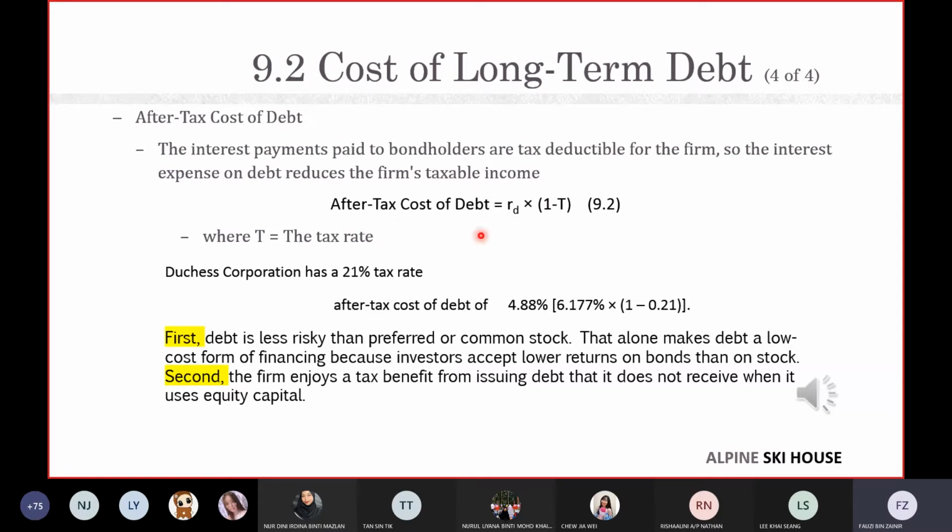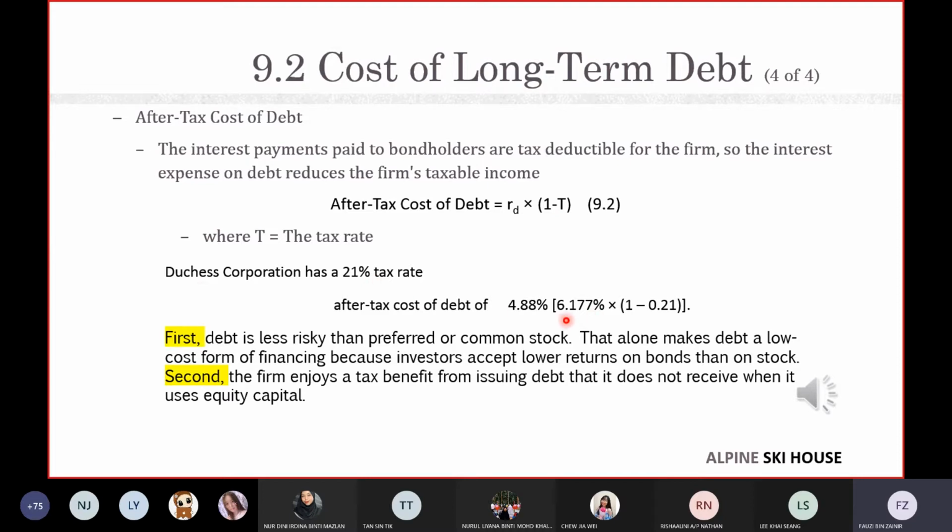So the actual after-tax cost of debt is the cost of debt, RD, times 1 minus T, where T is the tax rate. Duchess Corporation has a 21% tax rate.